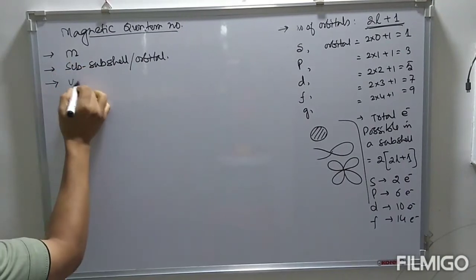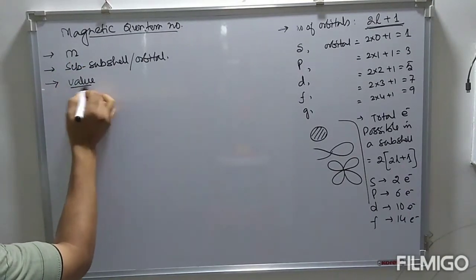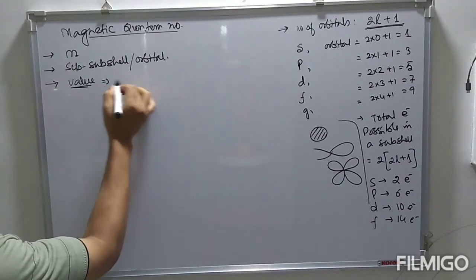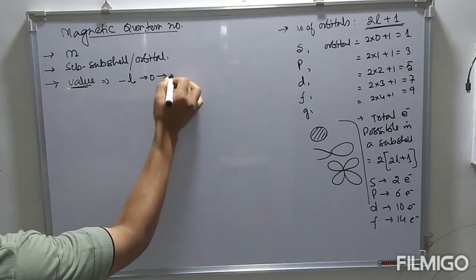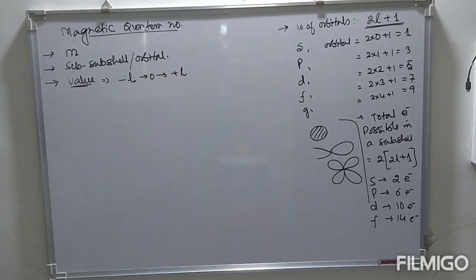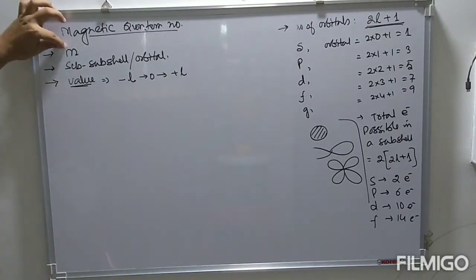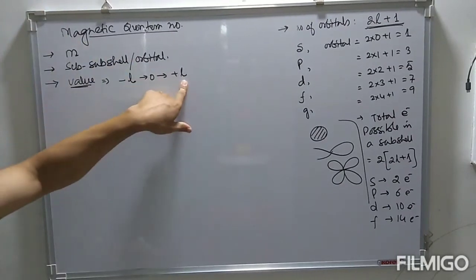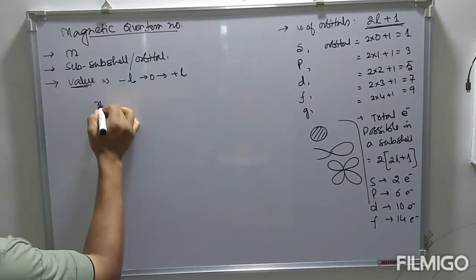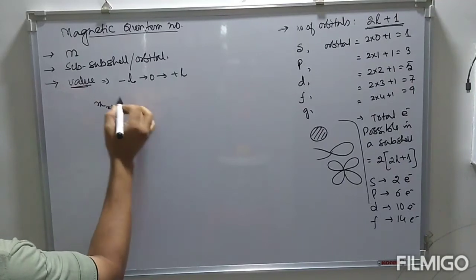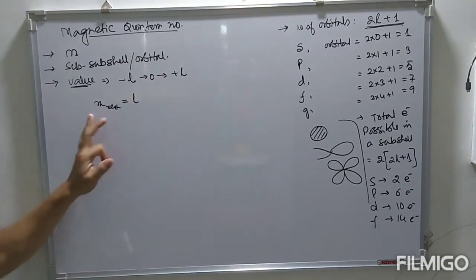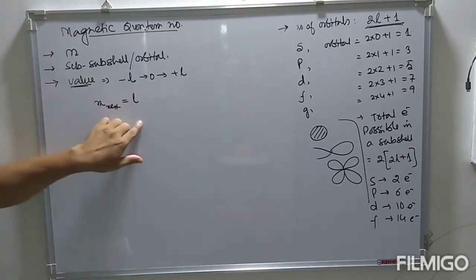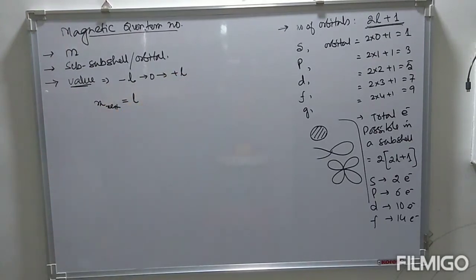These m can have values of minus l passing through 0 to plus l. That means the maximum value of m is equal to l. So the maximum value of magnetic quantum number m is equal to azimuthal quantum number l.